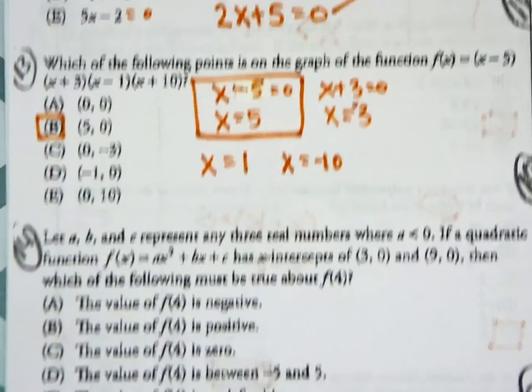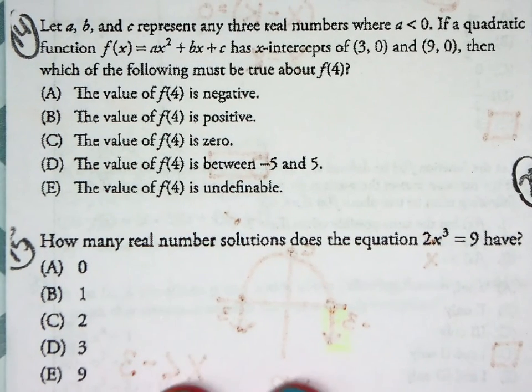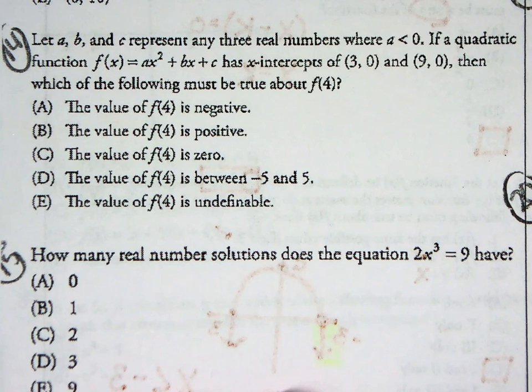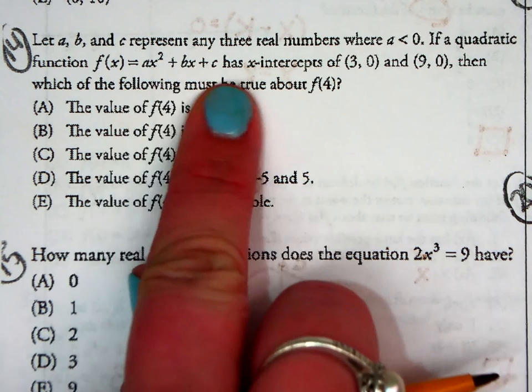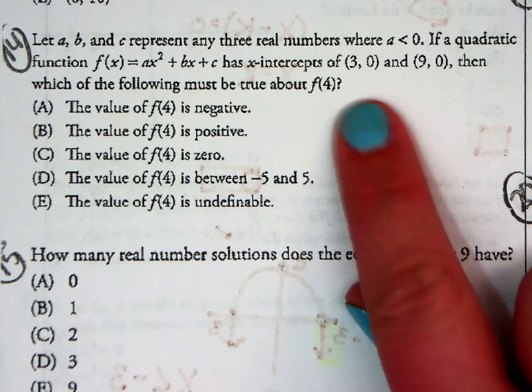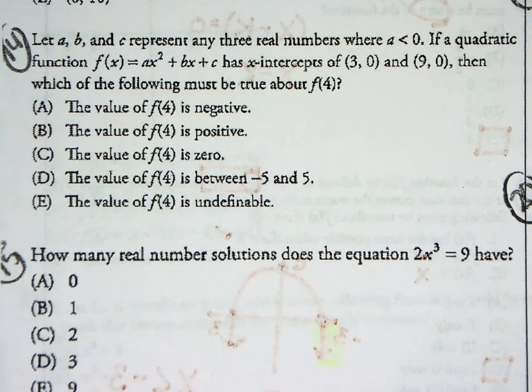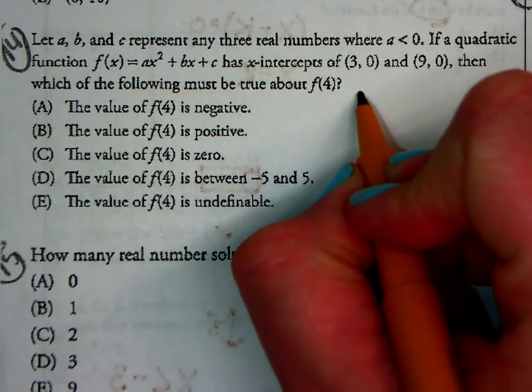All right, number 14. Let A, B, and C represent any 3 real numbers where A is less than 0. If a quadratic function, ax squared plus bx plus c, which just lets you know it's a parabola, has x-intercepts of 3 and 9, then what has to be true of f of 4? So what I would do is graph this.